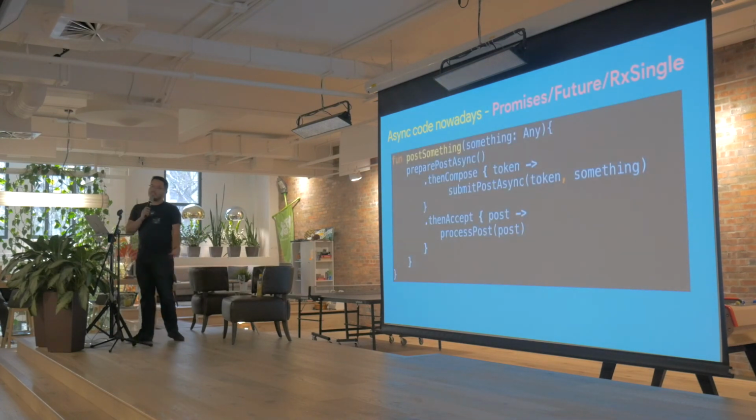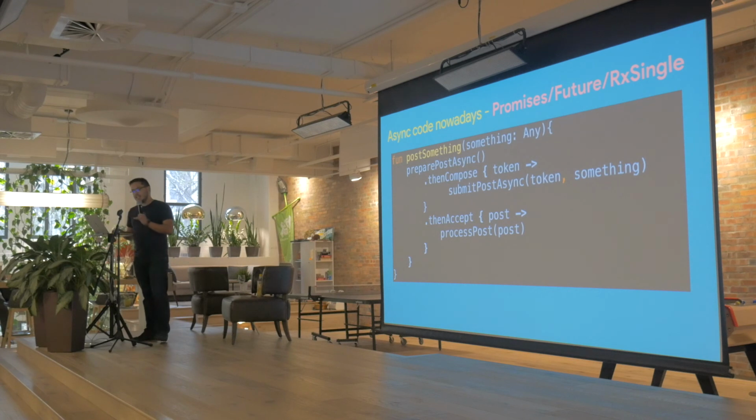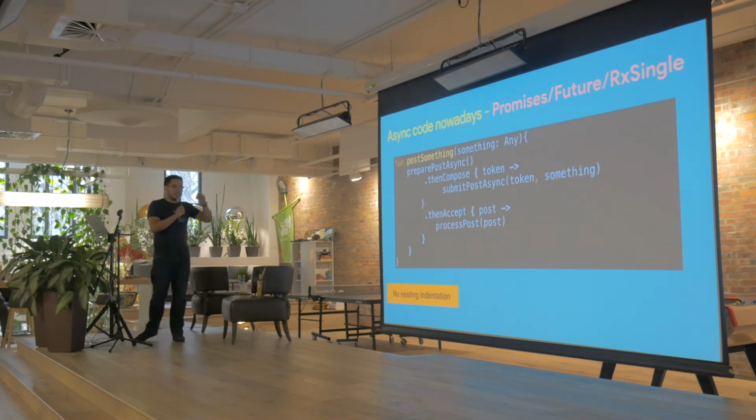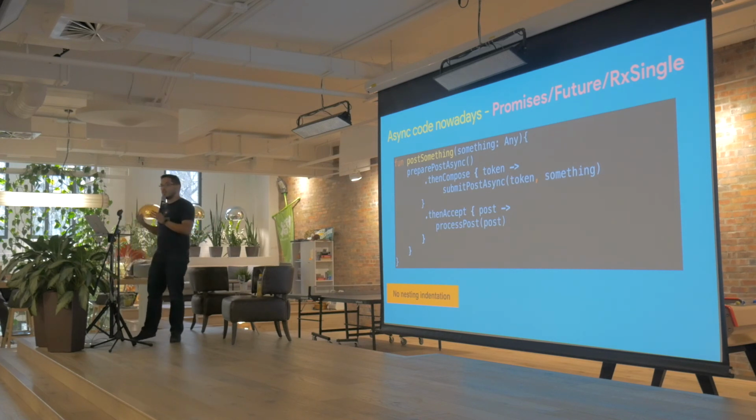We can do promises or futures, or what RxJava likes to call Single. The nice thing about it is that it has no nasty indentation. So the problem that we saw earlier, we don't have, because I'm always returning objects.